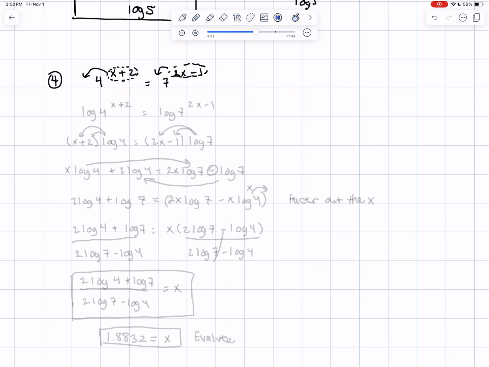So we put the log in front. We move our exponents in front. Next. Then we distribute.